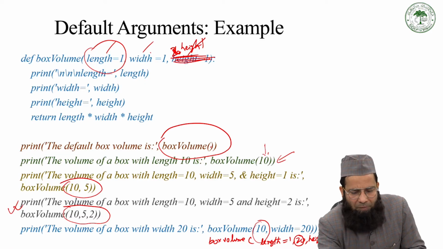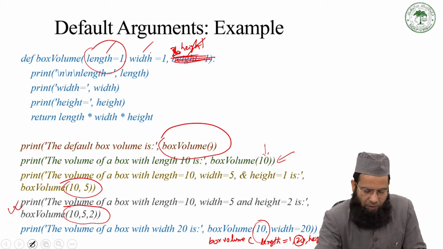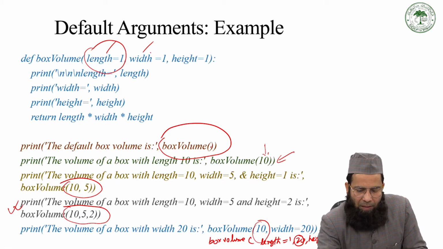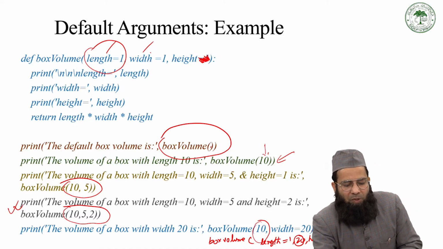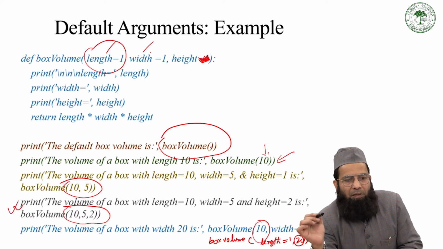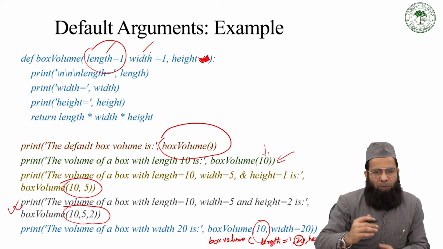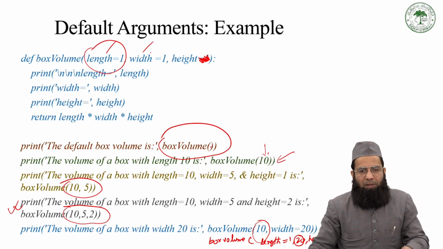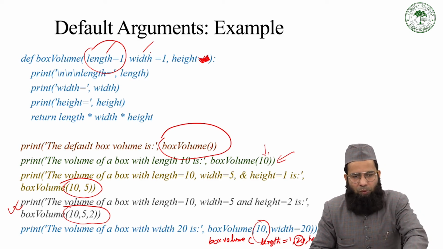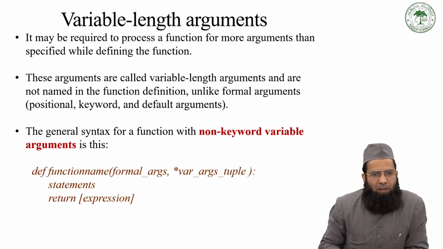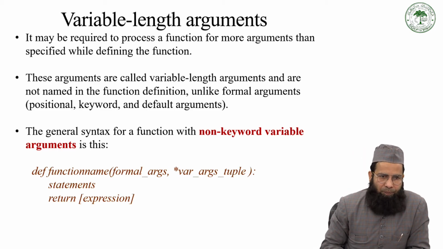Instead of height is equal to 1, let me erase this one, I cannot write only height in this case, because here the positional parameter is following the keyword parameter. So this is not a valid case. I will try to show you all these once I move to IDLE. There is one more option, variable length arguments, right?